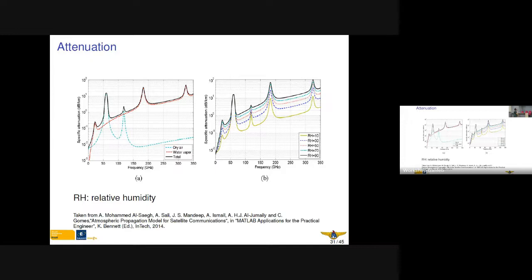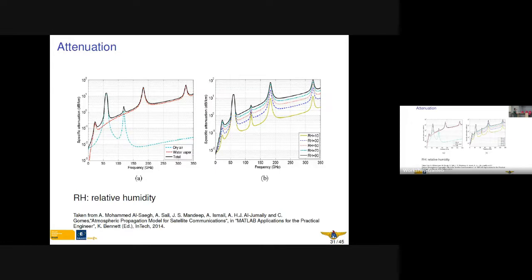And we can see that the water vapor delay grows with frequency. The higher the frequency, if we have the same water vapor, the specific attenuation grows. The sum of both effects is shown in the black curve.